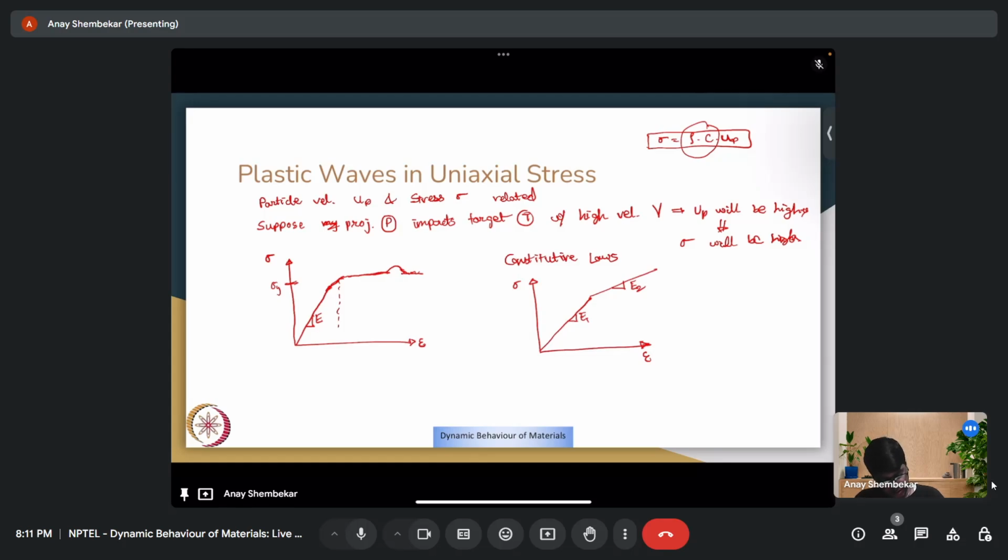This is called the bilinear elastoplastic. You can also have something that is a power hardening law: sigma is equal to sigma naught plus k epsilon raised to n. This is the power law work hardening.